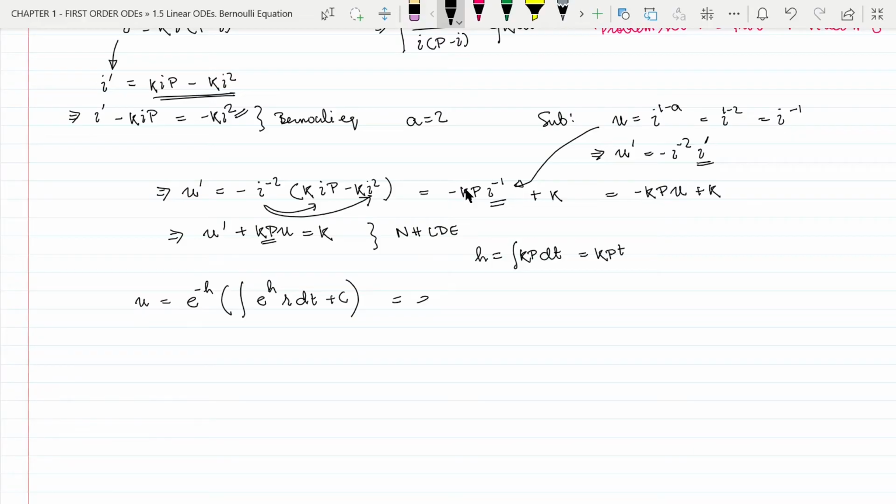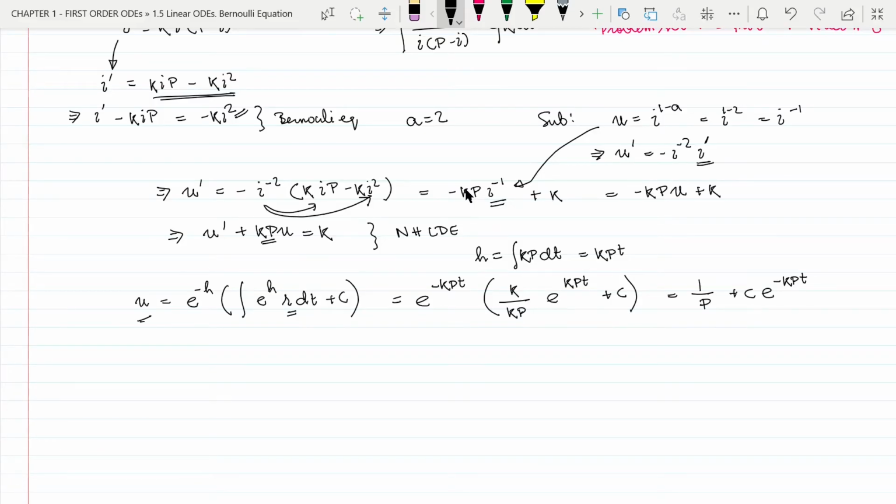So this is equal to e to the power minus kpt multiplied by the integral with r equal to k, so this is equal to k divided by kp e to the power kpt plus constant of integration c, which can be written as 1 by p plus c e to the power minus kpt.